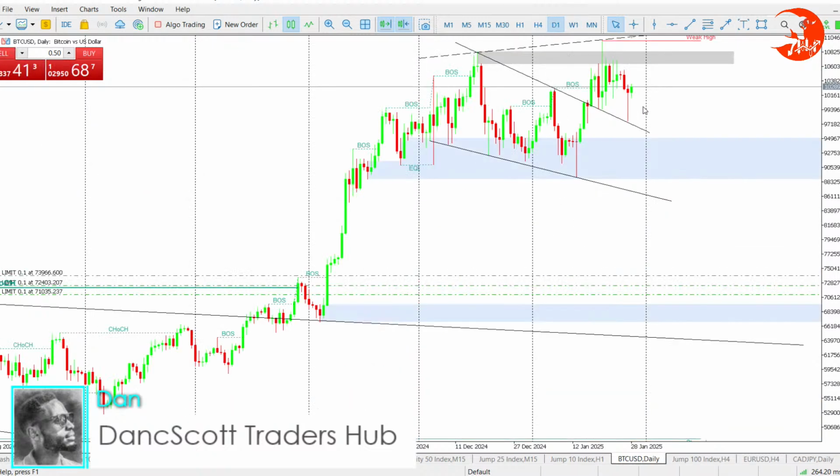We are having this very rising wedge. This was a falling wedge where we saw the breakout, the retest, and then price still came again, tested that level once more.